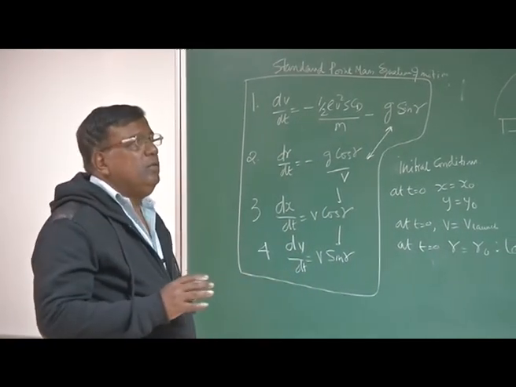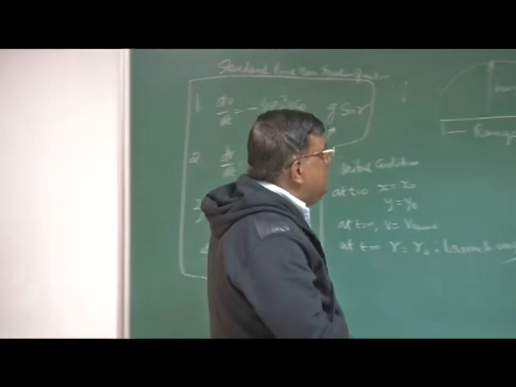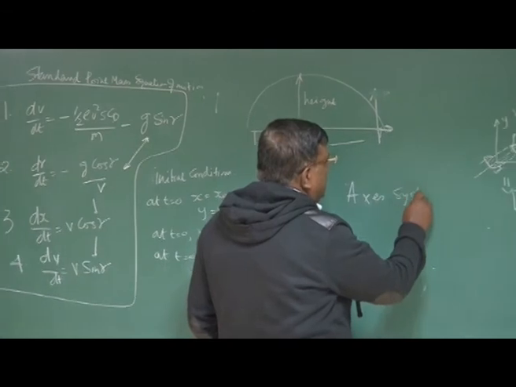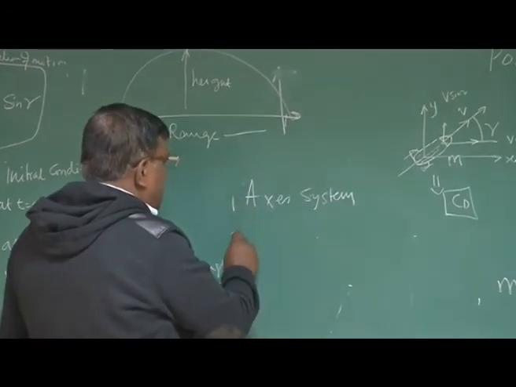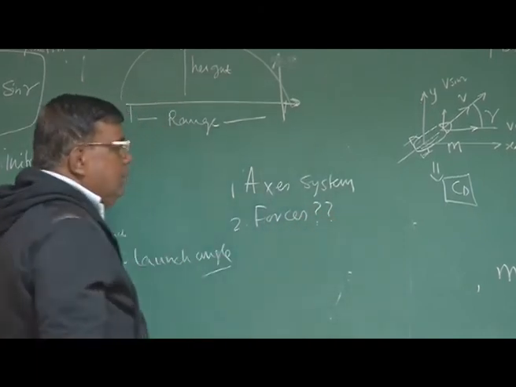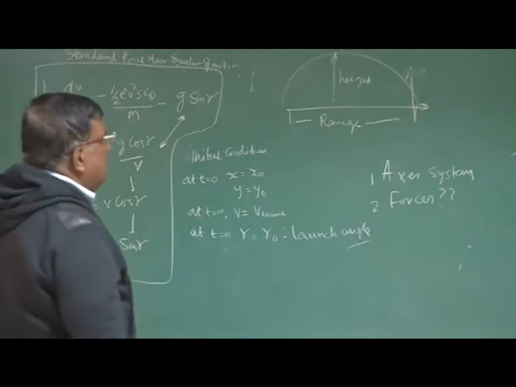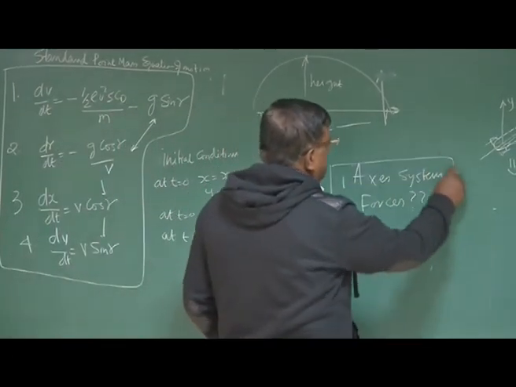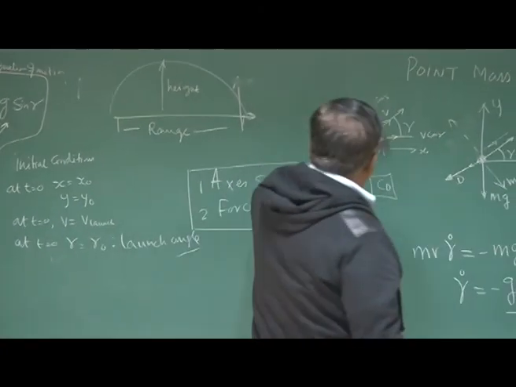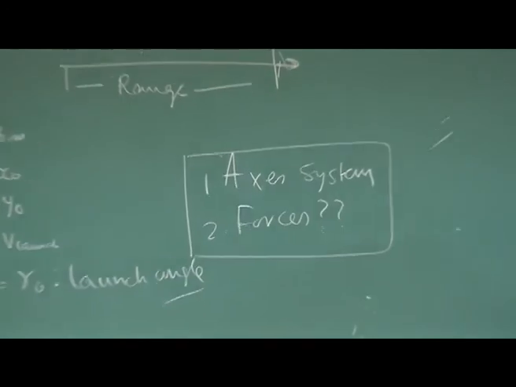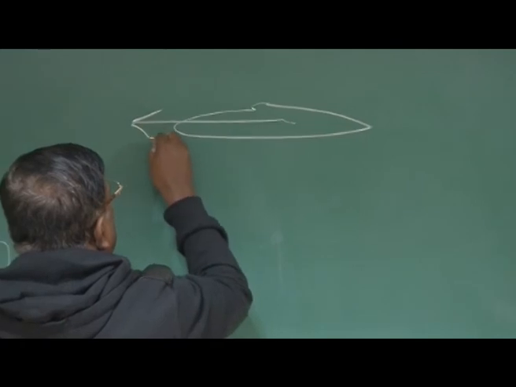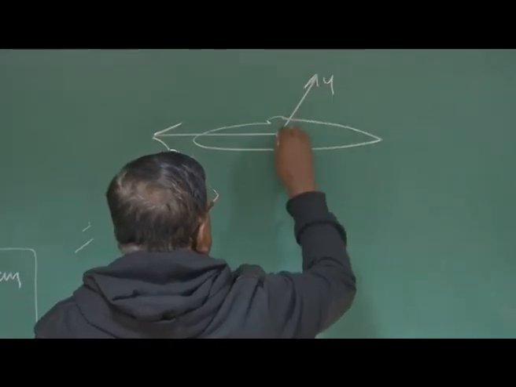When I am developing it, what are the things I need to know first? First is, what is the axis system I am talking about? Then, what are the forces, right? In all directions. And that is where the 6DOF concept comes into mind. Although today I will not talk about 6DOF, just as a warm up, you know what we are heading towards. You are familiar, this is the axis system, this is x, this is y, this is z.